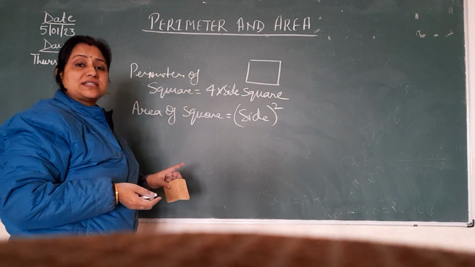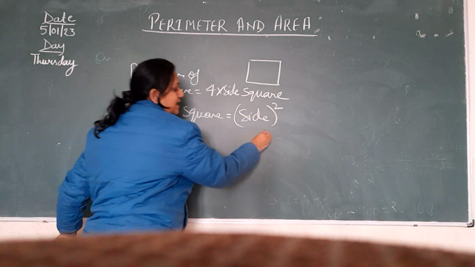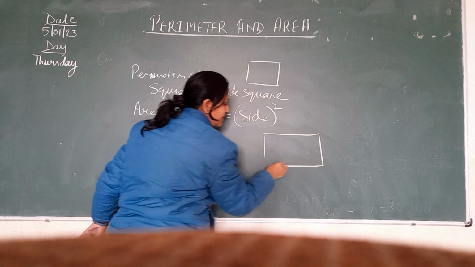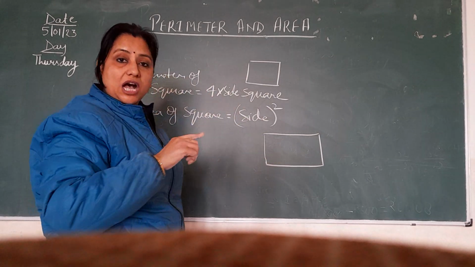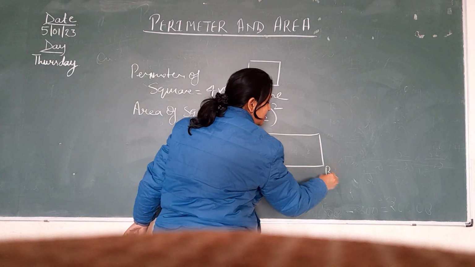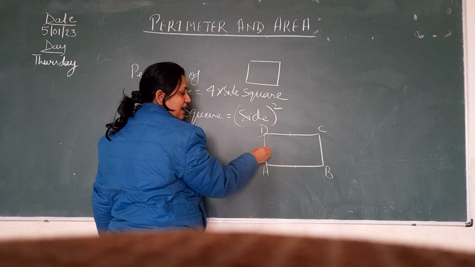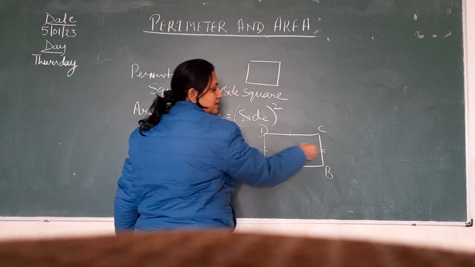Now I am going to discuss the area and perimeter of a rectangle. We know that in a rectangle opposite sides are equal. Suppose I give the name of this rectangle ABCD. So AB is equal to CD and DA is equal to BC.